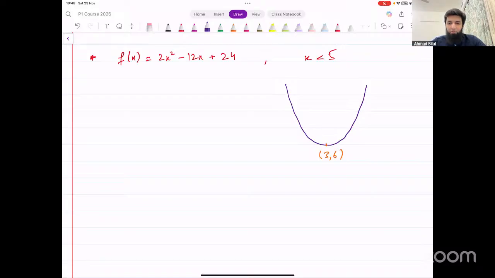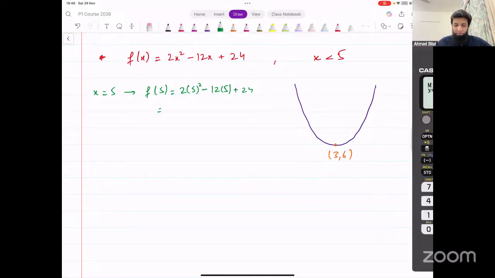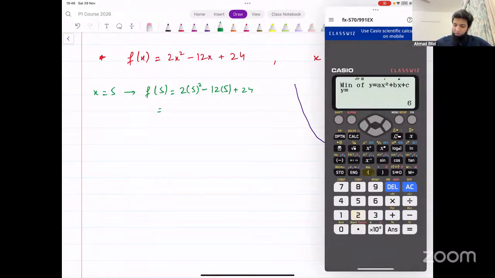Okay, so what we can do is input x equal to 5 first of all. Let's input x equal to 5 in this function and see what that gives us. At x equal to 5, we get f of 5, which is equal to 2 into 5 squared minus 12 into 5 plus 24.